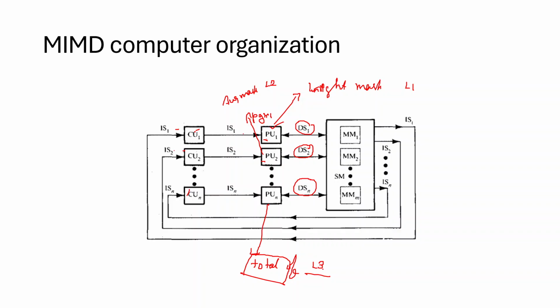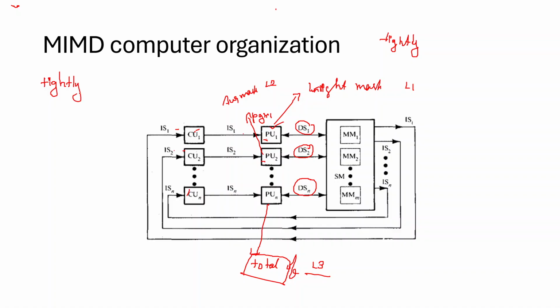Here this MIMD is called tightly coupled if the degree of interaction among the processors is high. If there is high interaction among the processors, this MIMD system will be called tightly coupled.